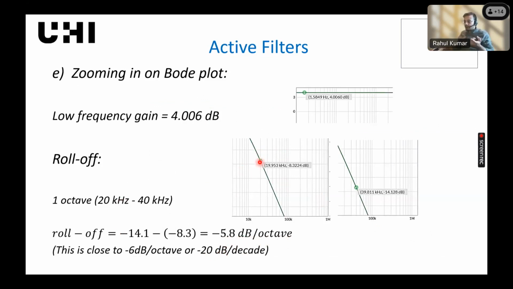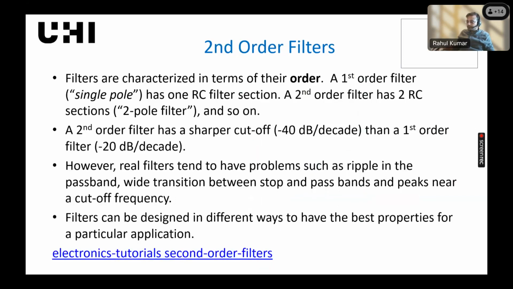If your first frequency was 1 kilohertz, you go down to 10 kilohertz. That will give you your slope or roll off in dB per decade. Okay. You can go through that numerical, maybe a little more in detail on your own.